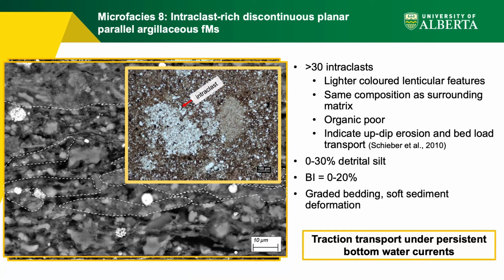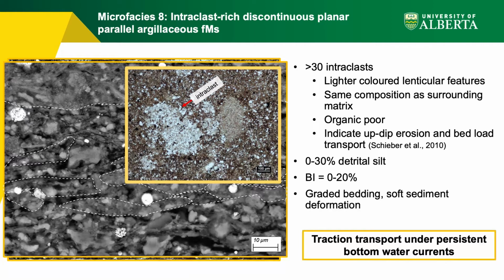Overall, microfacies 8 is interpreted as the most proximal microfacies, resulting from constant basinward transport of suspended clay sediment in turbulent or laminar flow, with coarser grain components such as silt and sand-sized interclasts being transported as bed load.